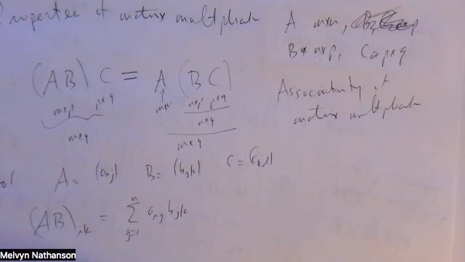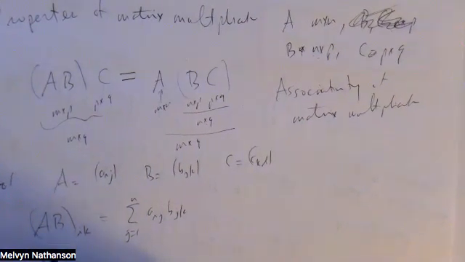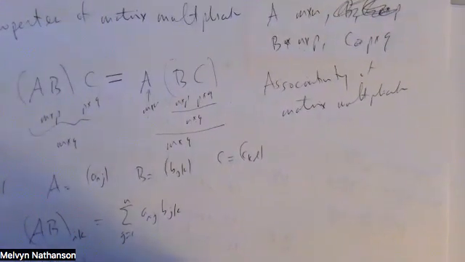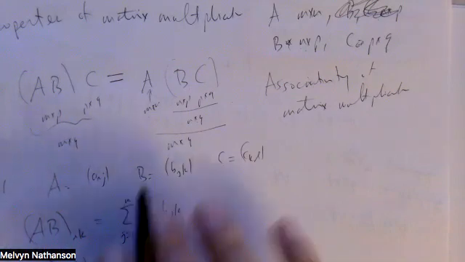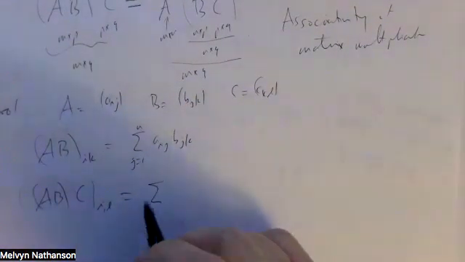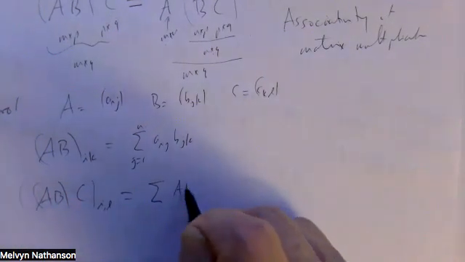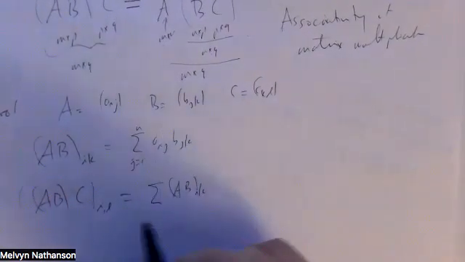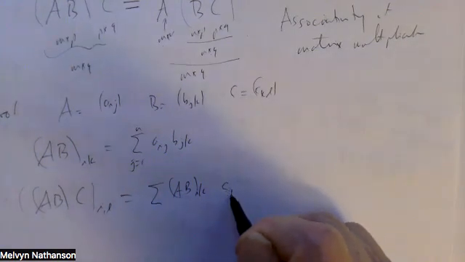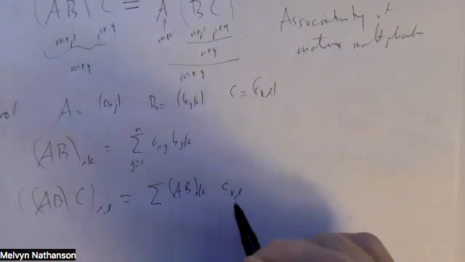That's the ik coordinate of AB. So if I take AB times C, and I want, let's say, the il-th coordinate of this, this is the sum of the ik-th coordinate of AB times the kl-th coordinate of C.